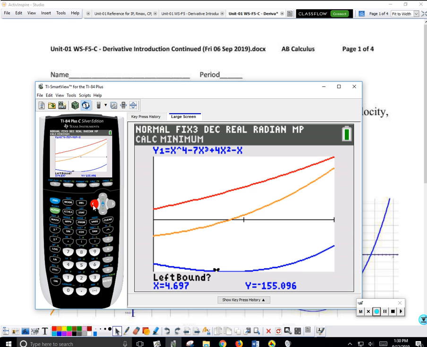Like that. Press enter. Now it says right bound, so move the cursor to the right of where the minimum occurs. Press enter. It asks you to guess. I'm close enough, so just enter. And it tells me the exact minimum. Is that your question? Yeah.